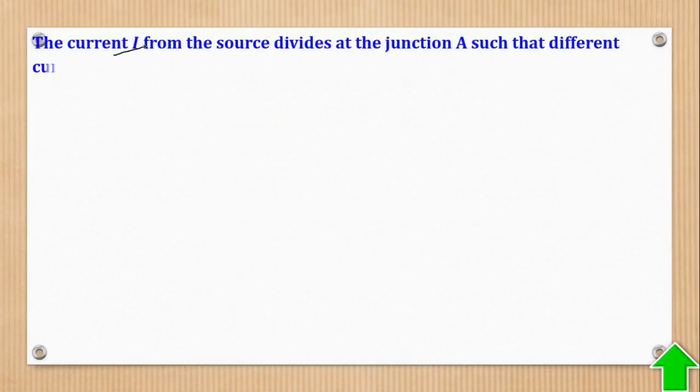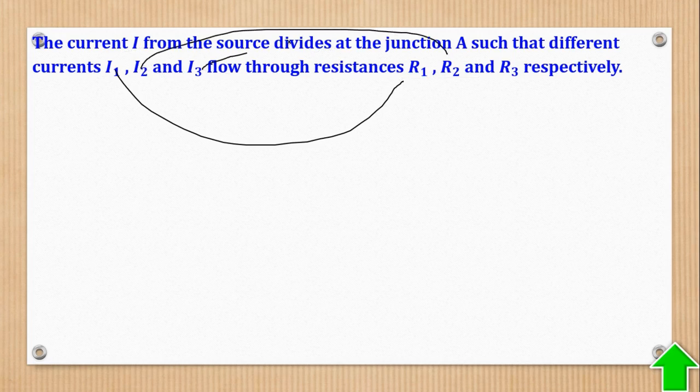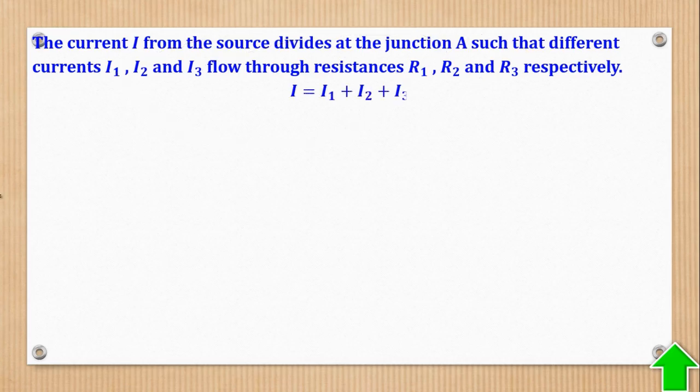So the current I from the source divides at junction A such that different currents I1, I2, and I3 flow through the resistors R1, R2, and R3 respectively. So I1 flows through R1, I2 flows through R2, I3 flows through R3. That means that the sum of individual currents is equal to the total current.